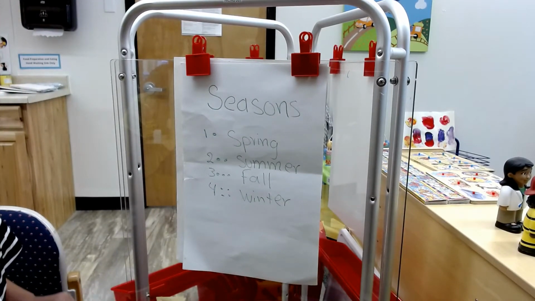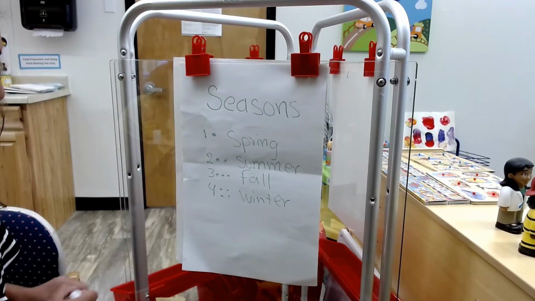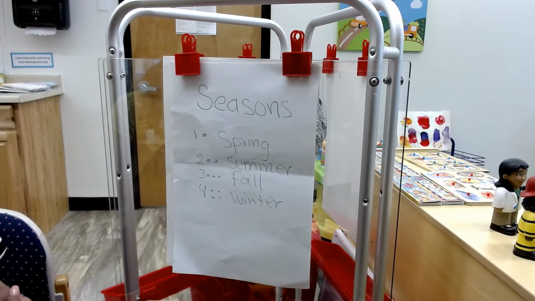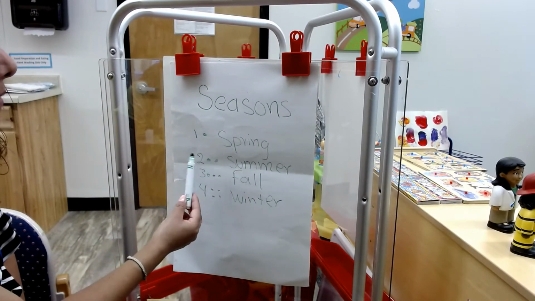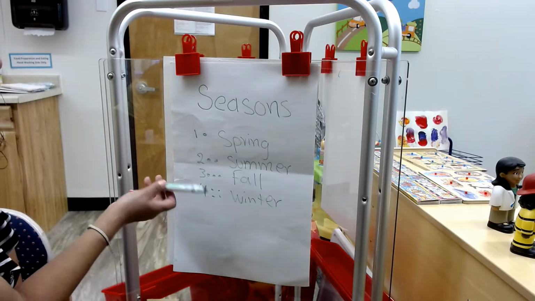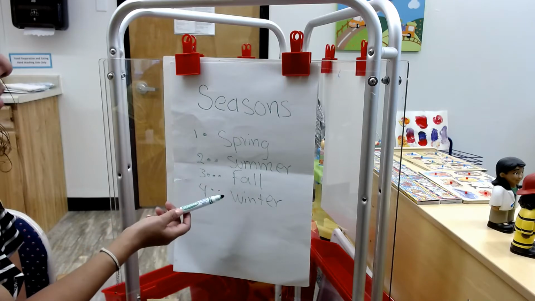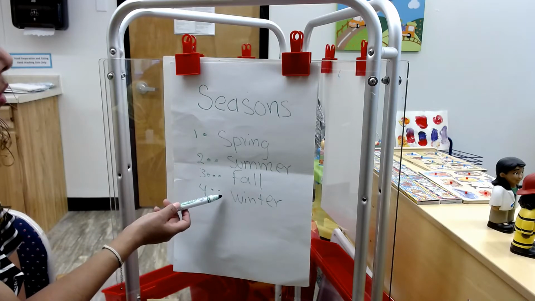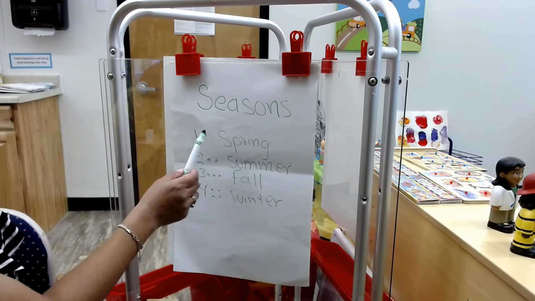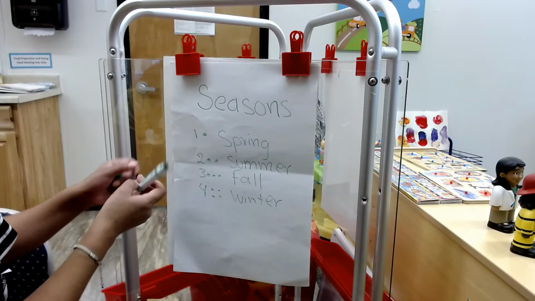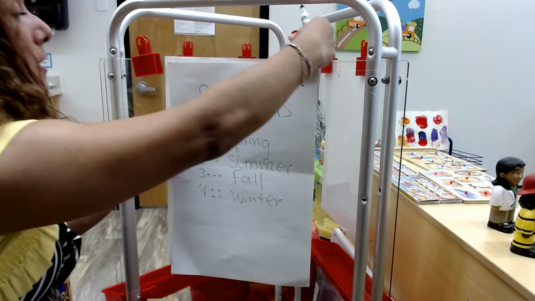Seasons are divisions of the year that are marked by a particular weather. So we don't have the same weather in spring, summer, fall, or winter. We find out that summer is very hot, winter is very cold, and fall is just right. Spring is when we have a lot of butterflies, a lot of flowers blooming.